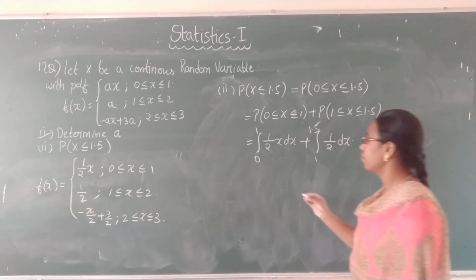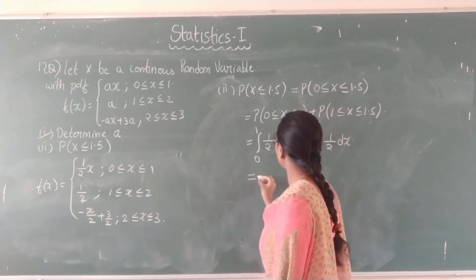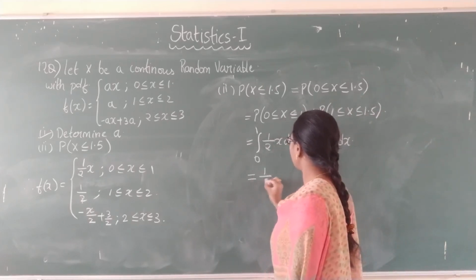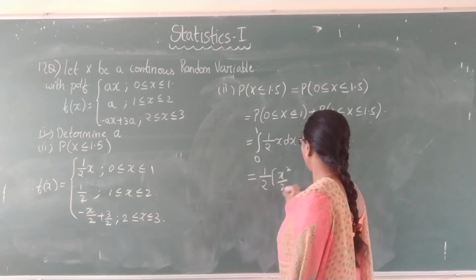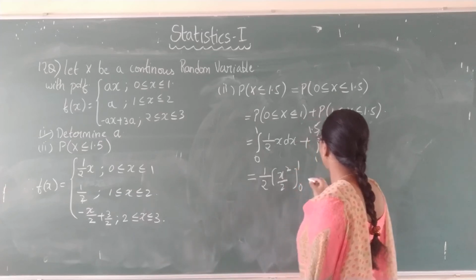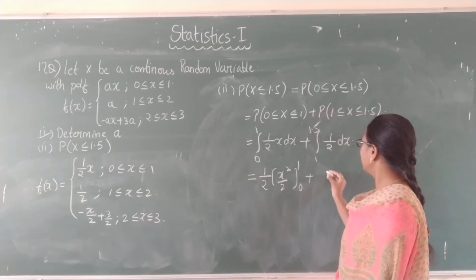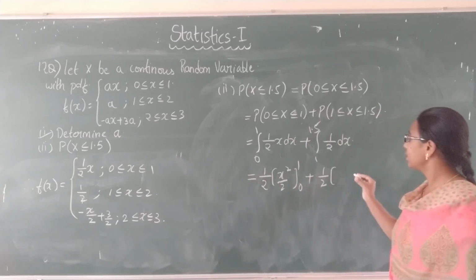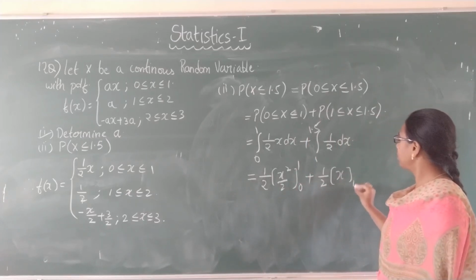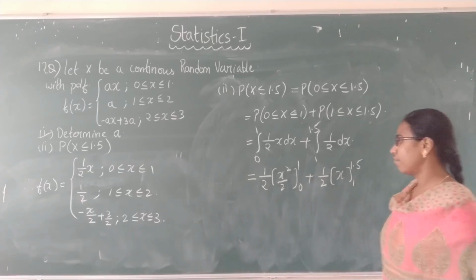we have to consider that function itself. This is equals to, 1 by 2 is constant, integration of x is x squared by 2 within the limit 0 to 1, plus here 1 by 2 is constant, integration of 1 dx is x within the limits 1 to 1.5.